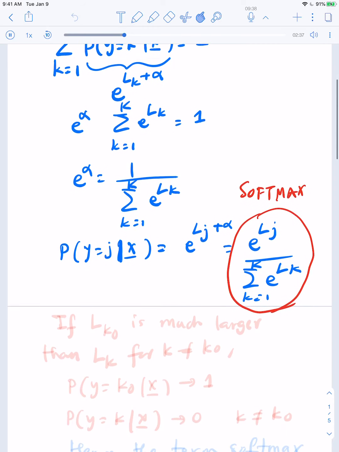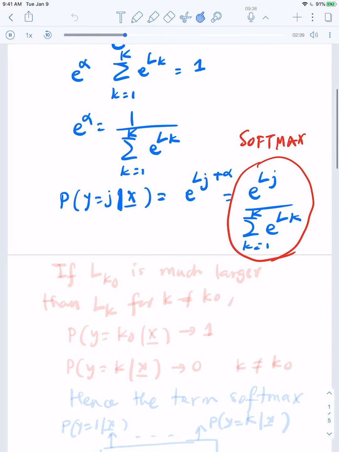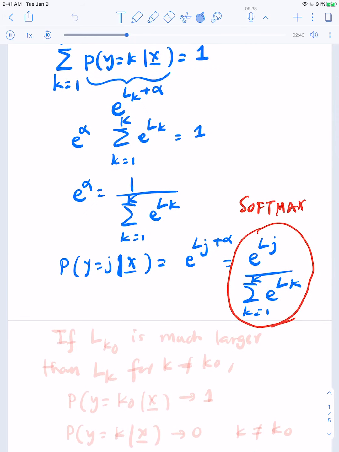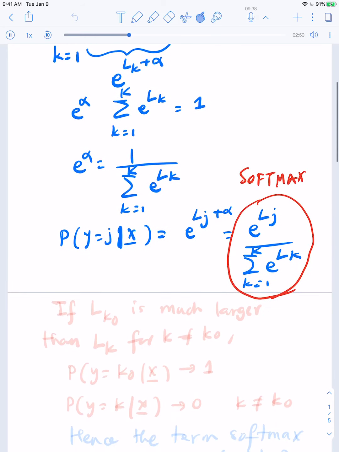Why is it softmax? Because the exponential grows really fast, and so whichever of these L_k's is the biggest will dominate here. So for example, if one of them is 20 and the other ones are like 1 or -1 and things like that, then essentially I'll have e to the 20 over e to the 20 plus smaller terms, which will go to 1, right?